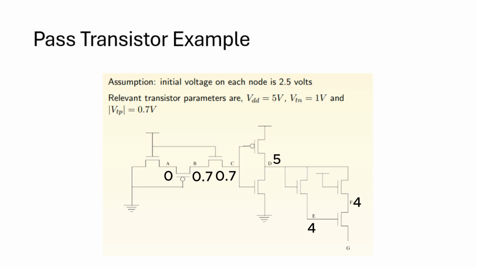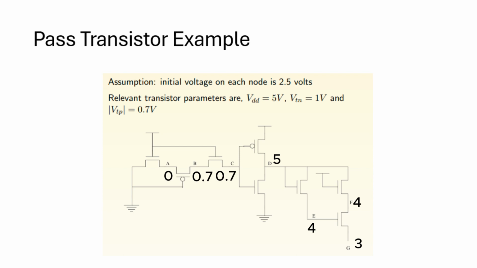The next node G is connected to the output of an NMOS pass transistor. Again, the gate is at 4 volts as we have calculated recently, so it is still greater than VTN, so the transistor will turn on and input will be passed to the output. As input is at 4 volts, and because this is again a logic level 1, it will again be degraded at the output. By how much? By VTN. So the output will be 4 minus 1 volt, which is 3 volts this time.